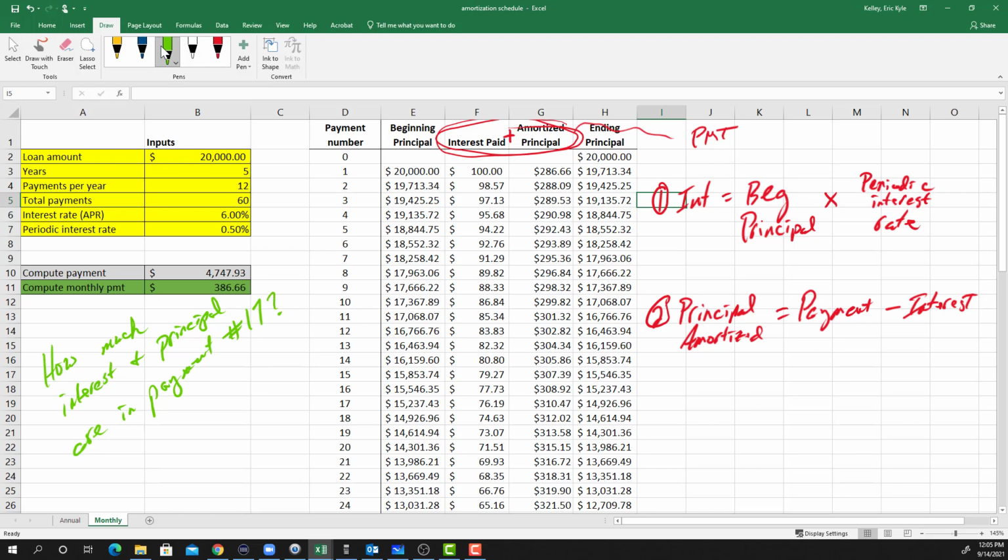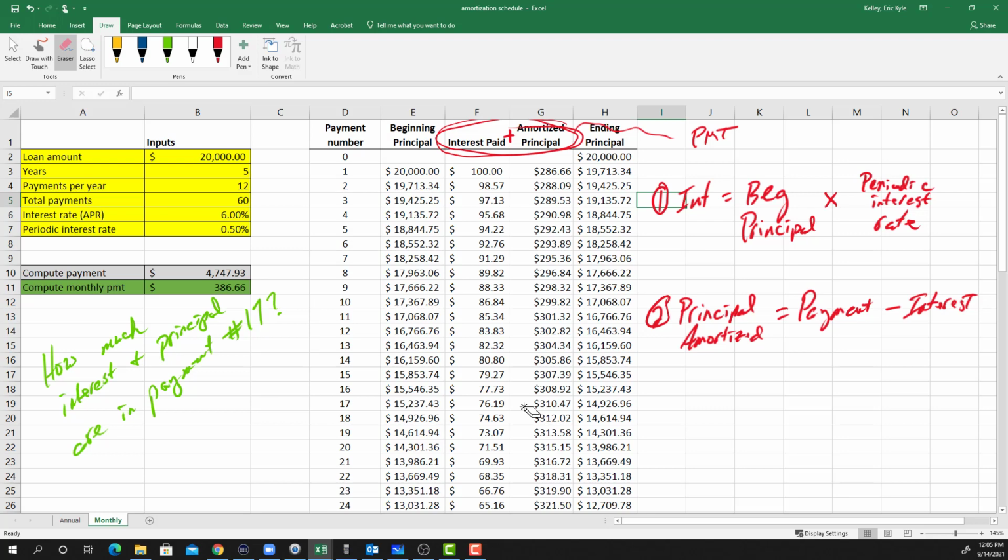If this is the question and we have the amortization schedule, then we can go straight to payment 17 and say, here is the interest amount and here is the principal amount, and we're done. Okay? So that would get us the answer. But what if we don't have the amortization schedule?